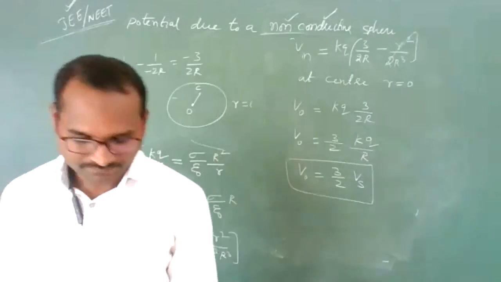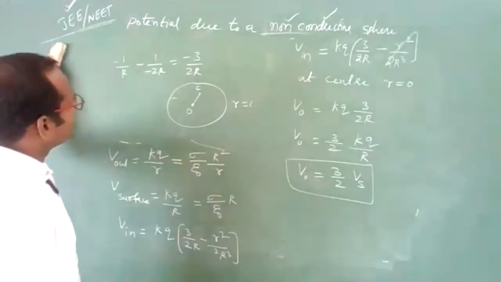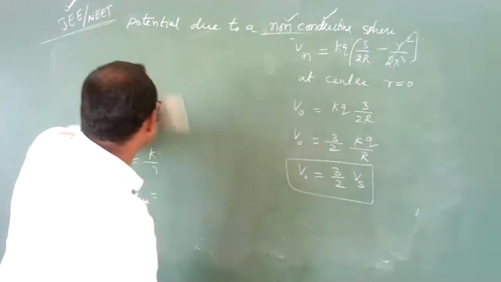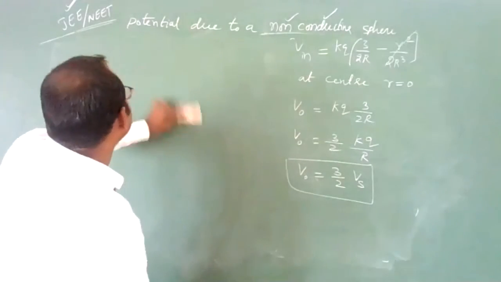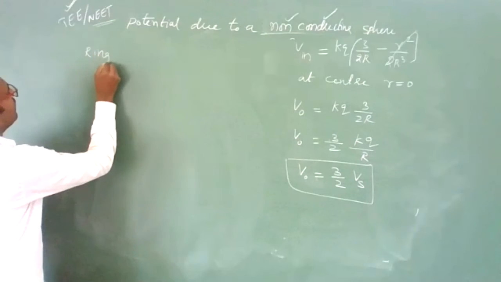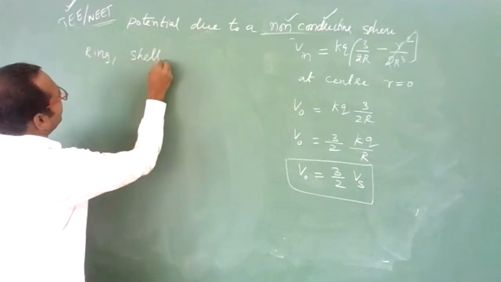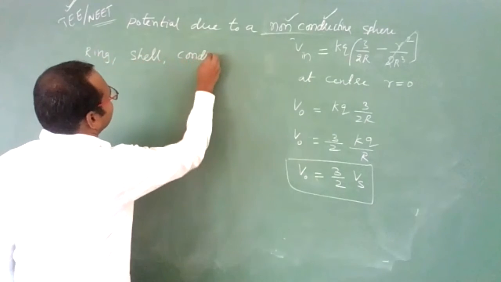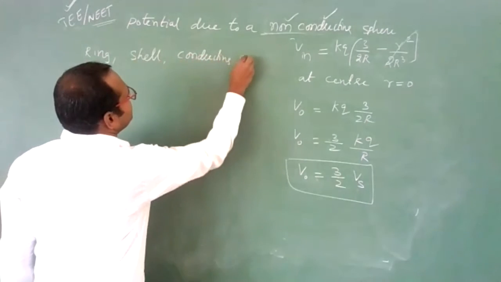Good. Now, students, let us recall all these things. Take a ring or shell or conducting sphere.